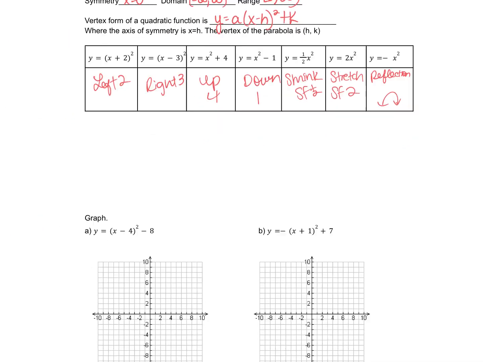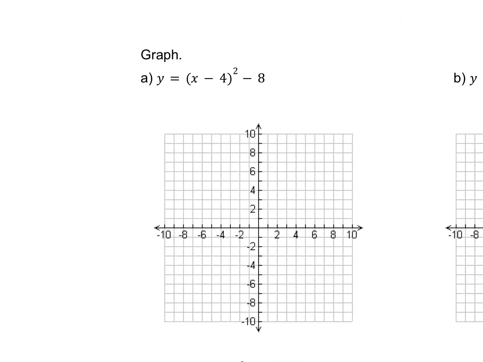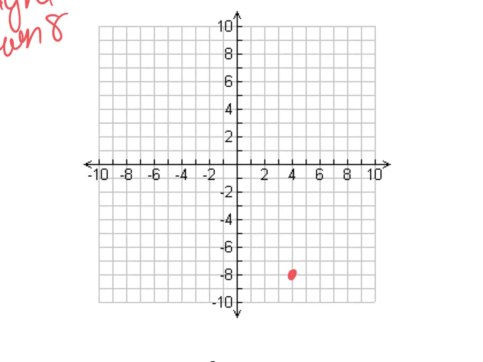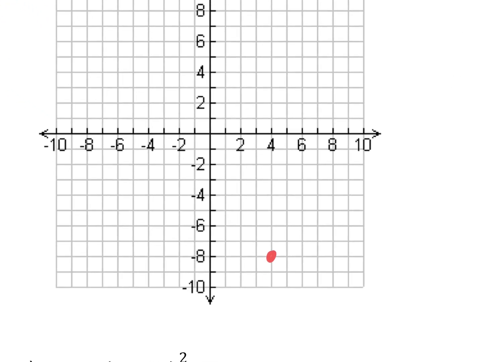All right, so let's graph. We've got this one, which is right 4, down 8. So right 4, down 8. And then it's over 1, up 1. Over 2, up 4.